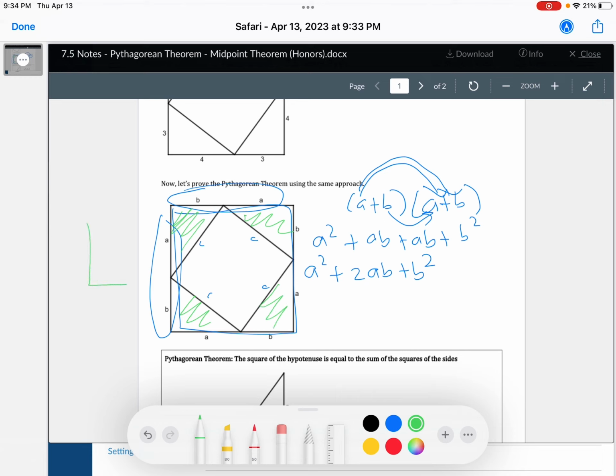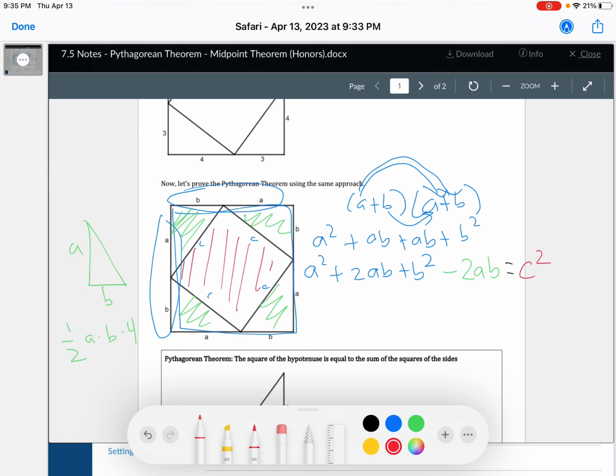These green triangles are a tall, b wide, and we're going to do 1/2 a times b, base times width, and there are 4 of them, so multiply that by 4. When we clean that up, the combined area of all the green triangles is 2ab. And that, my friends, is going to equal the area of the inscribed square.